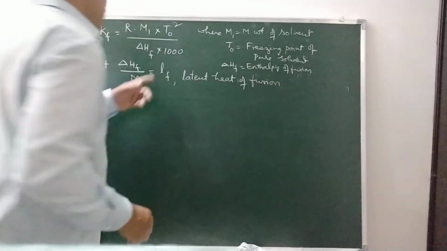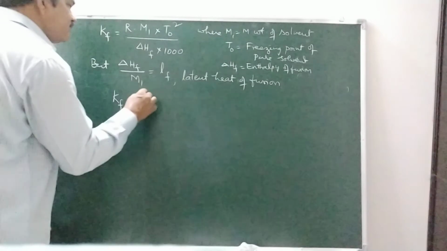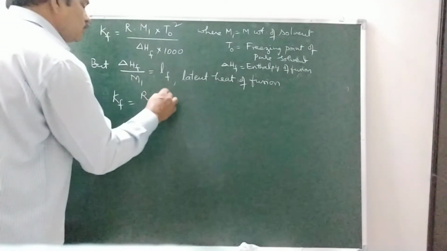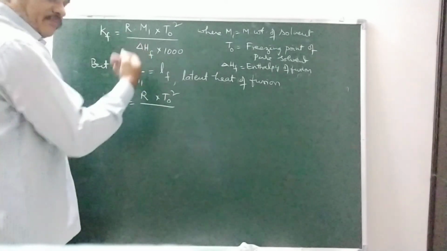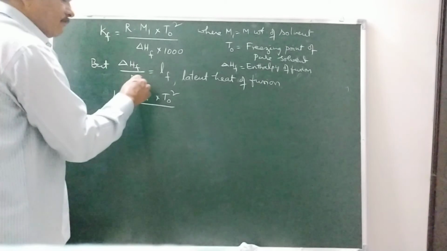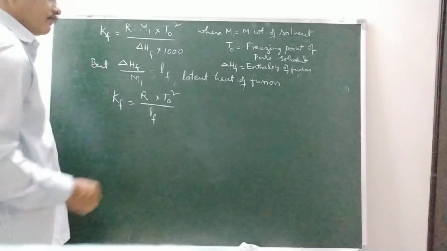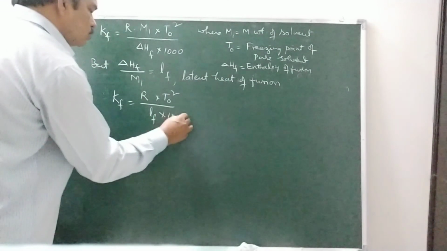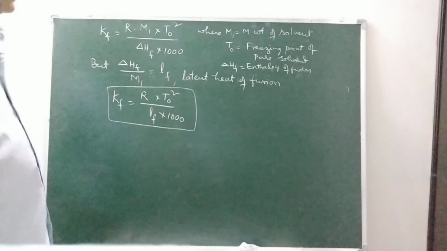So if latent heat of fusion is given, how to calculate Kf? Kf is equal to R into T naught square by delta Hf by M1, which becomes Lf, the latent heat of fusion, into 1000. This is another formula to calculate Kf.